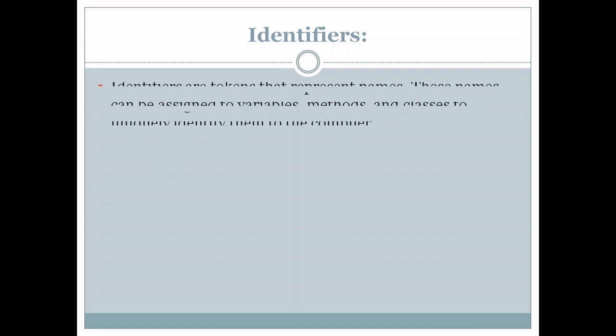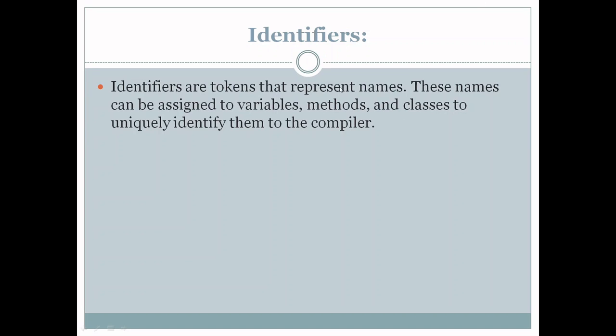First, identifiers. As you know, identifiers are tokens that represents names. So these names can be assigned to variables, methods, and classes to uniquely identify them to the compiler.